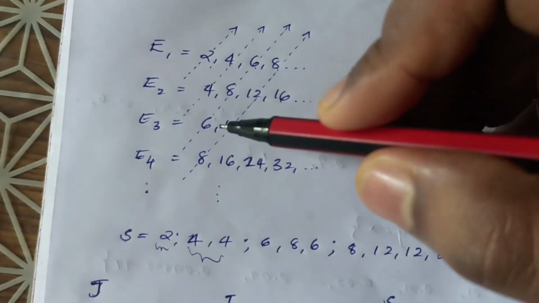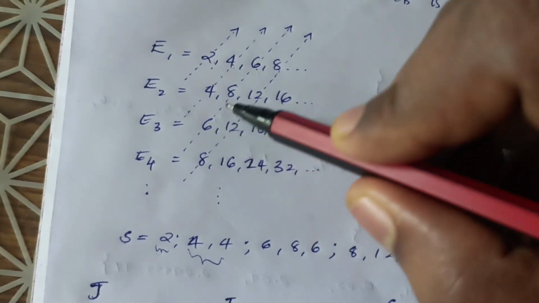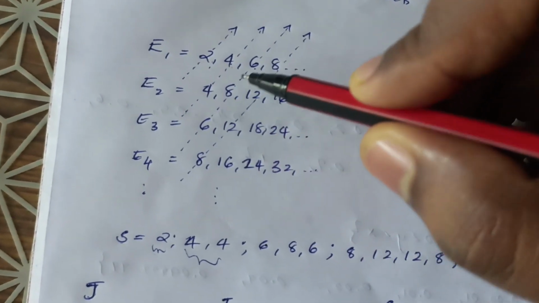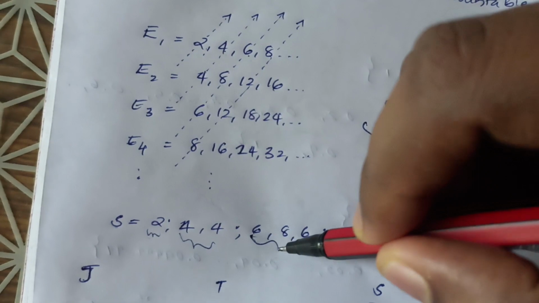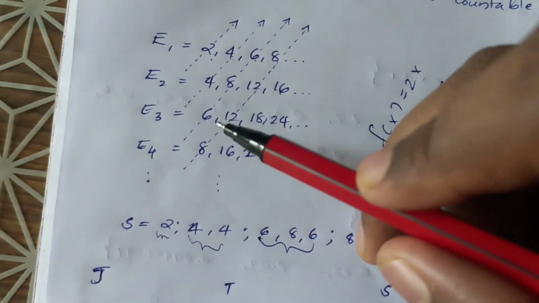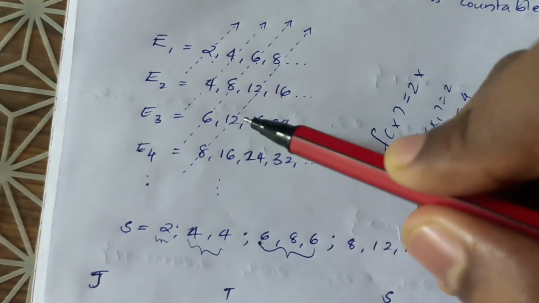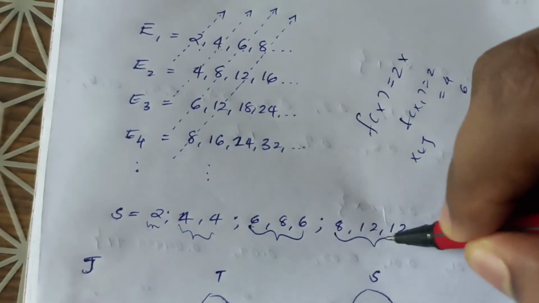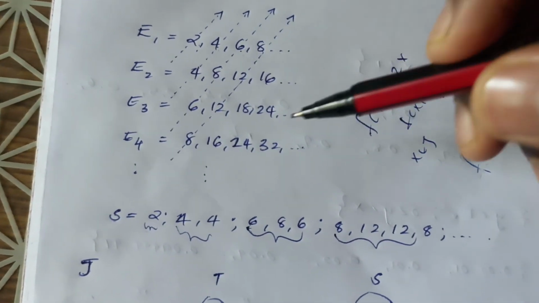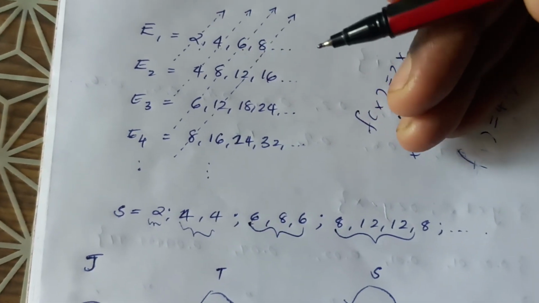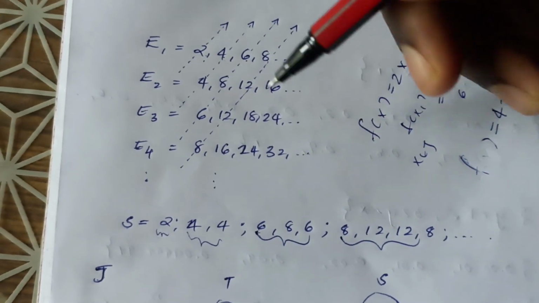And the third element of the sequence contains this third arrow, meaning 6, 8, 6. Okay, this is the third element. And what is the fourth element? The fourth arrow shows the fourth element, 8, 12, 12, 8. This is our fourth element. In a similar way, we can find many elements in the sequence.